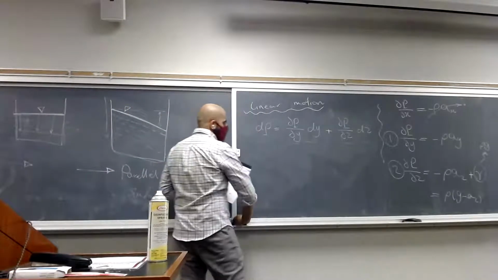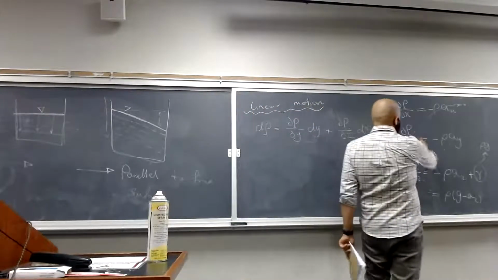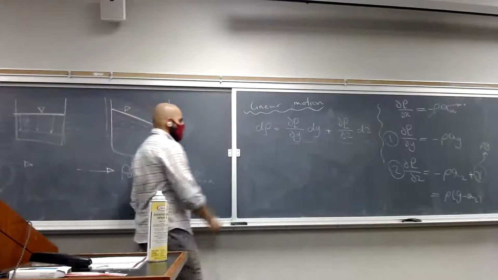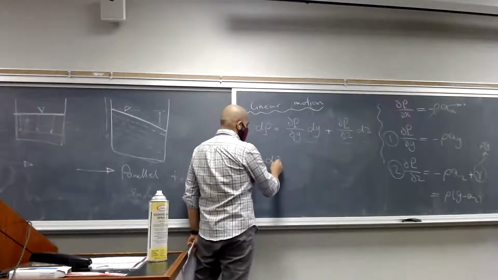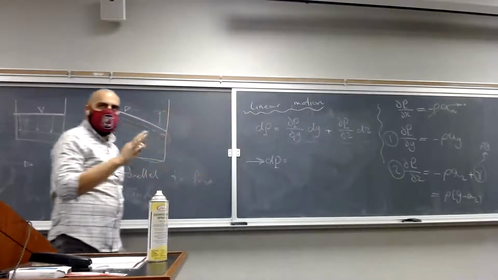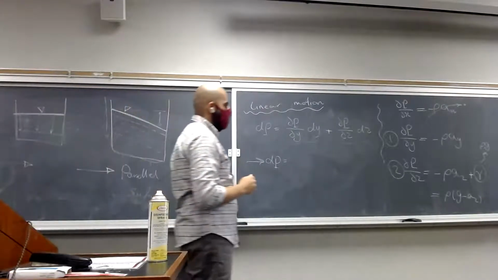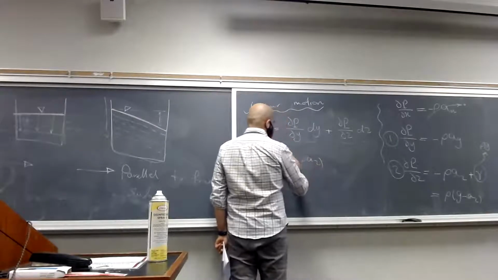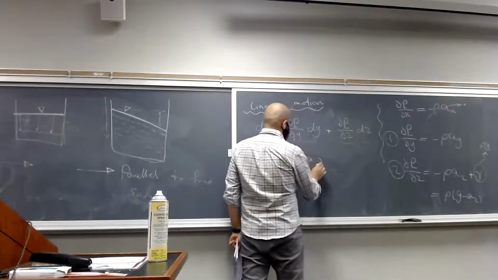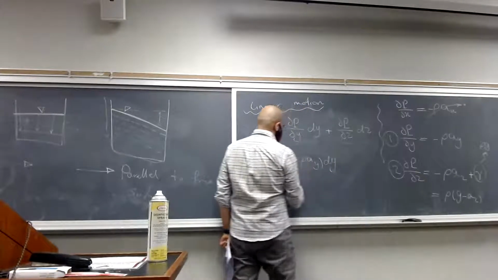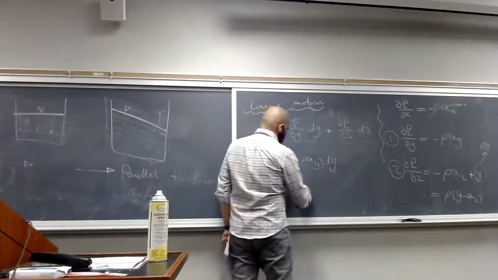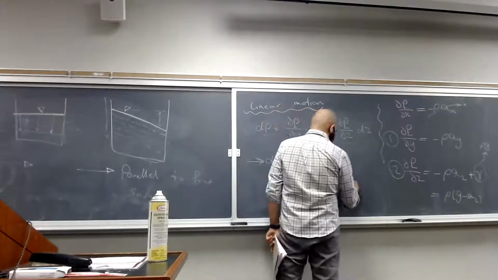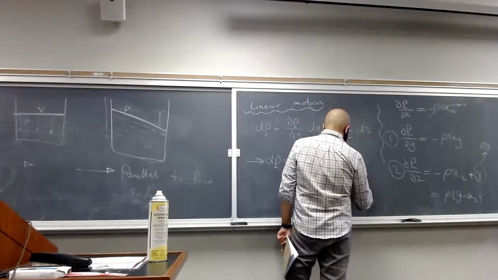Okay, so we have these partials though. We have an equation for each partial, the changes in pressure in each direction. So let's plug those in. Total changes in pressure between two points in a fluid is going to be equal to negative rho ay dy plus rho (g minus az) dz.